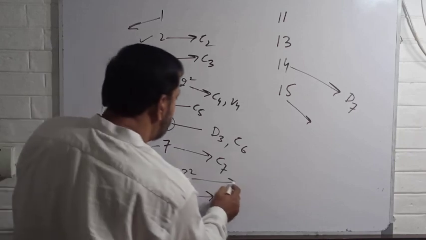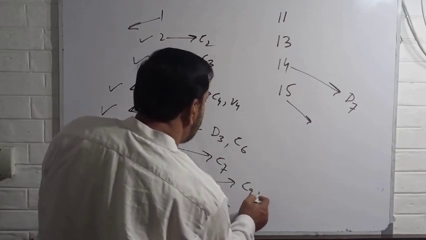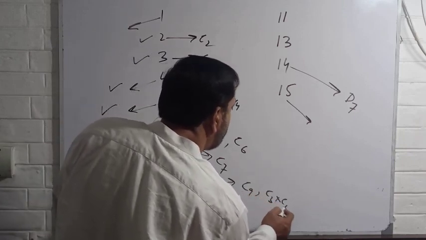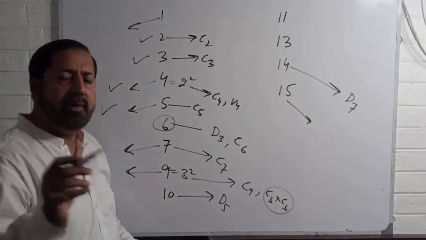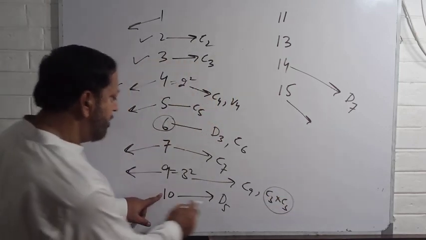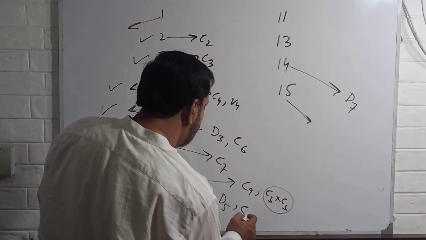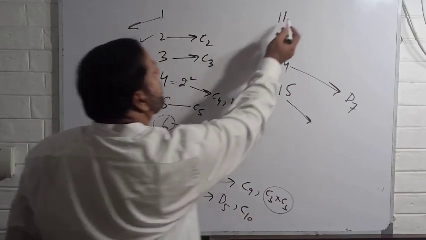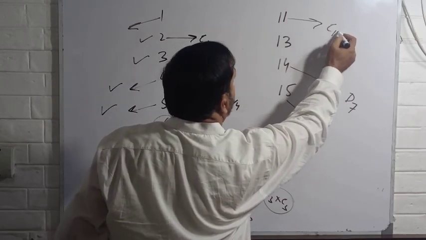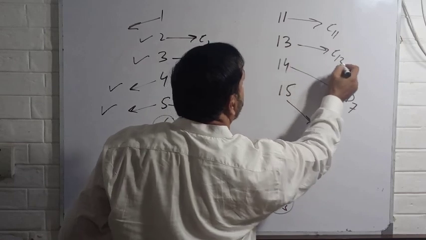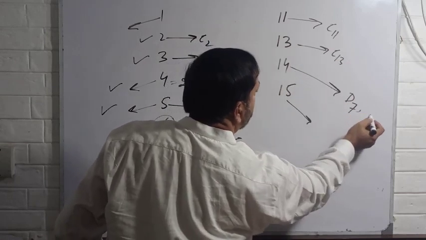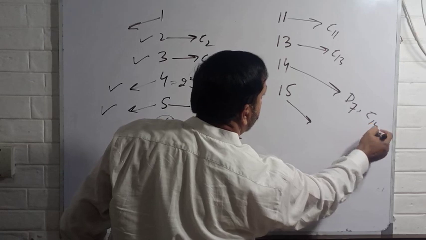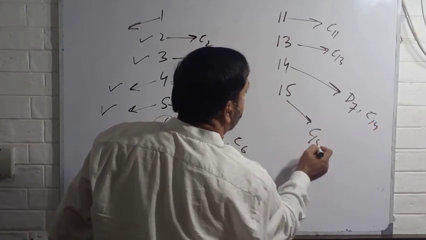There could be two of order 9, one is C9, the other is C3 cross C3. This will be studied later, inshallah. And there are two of order 10, one could be D5 and the other is C10. There is exactly one, that is C11. This is C13. There could be another one, that is C14, and this is in fact C15.